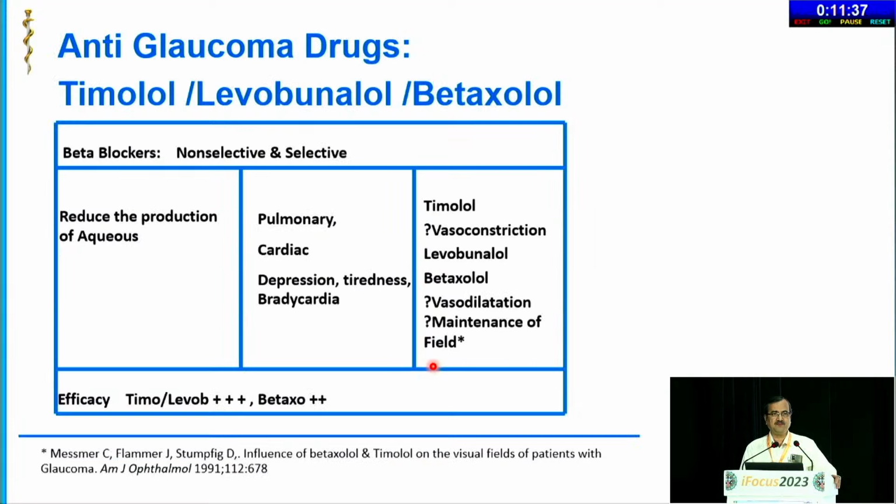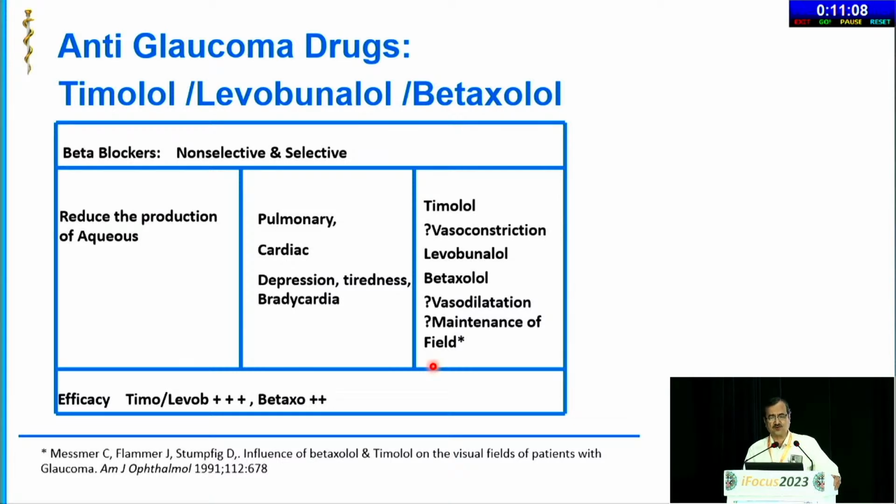The invention of beta blockers, timolol in the 1970s, followed by levobunolol and betaxolol, revolutionized the management of glaucoma. How do they act? They act by reducing the production of aqueous. The side effect profile is basically pulmonary and cardiac, and it causes depression, tiredness, and possible bradycardia for the patients. Timolol, over a period of time, causes vasoconstriction, and tachyphylaxis over a period of 4 to 4.5 years.